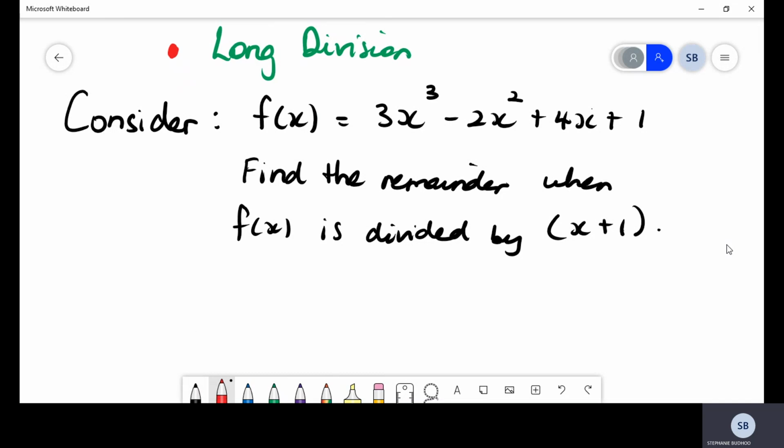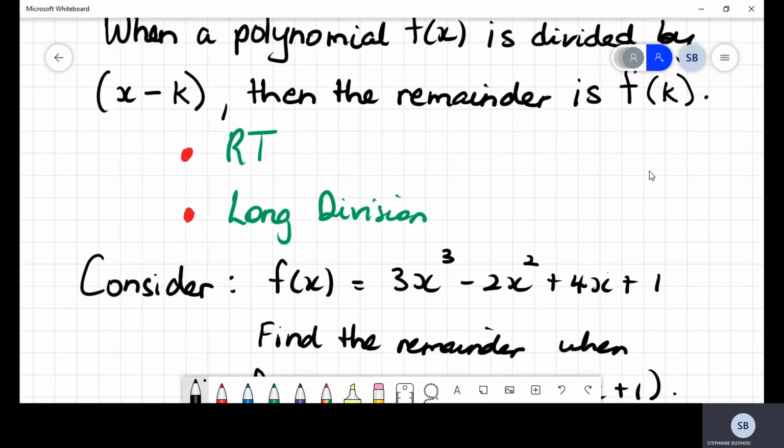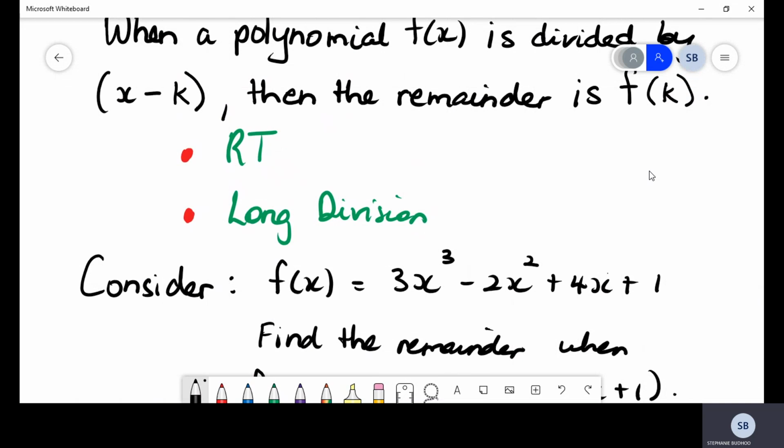And applying our remainder theorem, I'll use RT for short, we can safely see that in our question, our constant is 1 there. However, take note that according to the remainder theorem, you must make sure that it's of the form x subtract k.